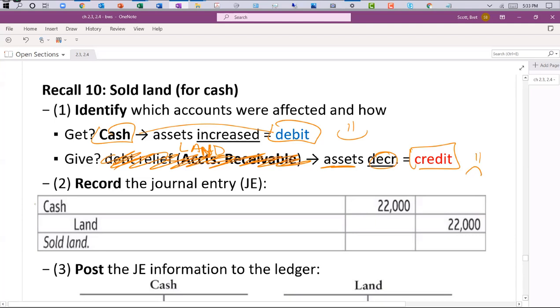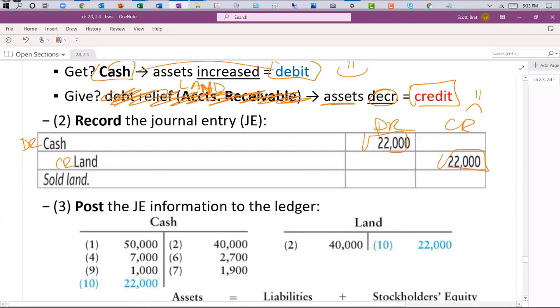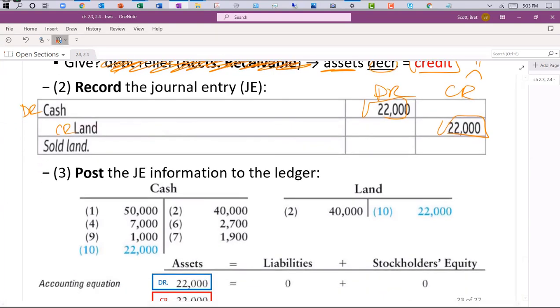Debit, indent, credit. Cash goes first under the debit column, then land under the credit column. Does that make sense? When you post it, I encourage you all to start thinking about whether or not it makes sense. If I debit cash, the language of accounting interprets that in English as I got cash.